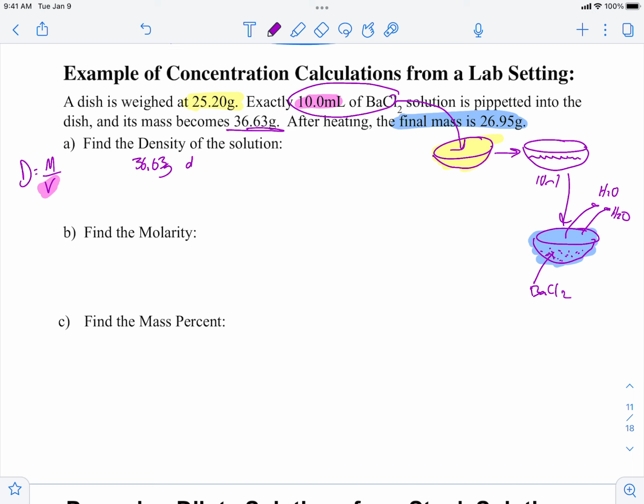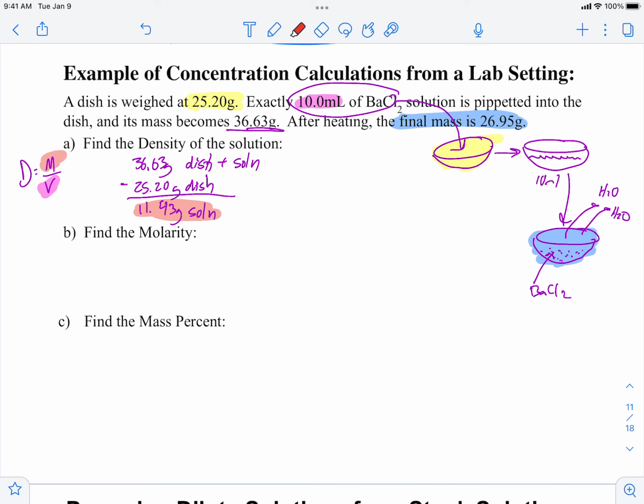36.63 grams is the dish plus the solution, minus 25.20 grams, which is the dish. So after that subtraction, that's going to give us just the solution by itself. 11.43 grams of solution. By the way, when I write SOLN, SOLN is shorthand for solution. Okay, so I know the mass of the solution and I know the volume, right?